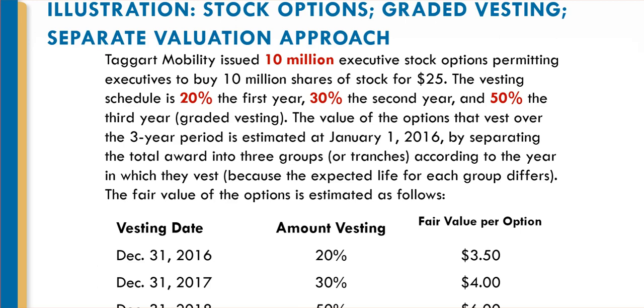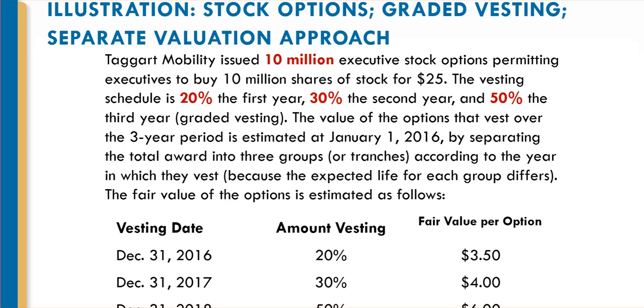Now sometimes you have stock options which are graded. I explained that. It's a good thing. You want to keep the employee with you. If you have stock options that are graded, there are several things going on. First, it means here you have 20% of the 10 million vesting December 31st of 2016. They're only issued on January 1st of 2016.